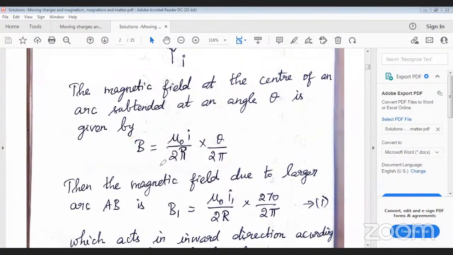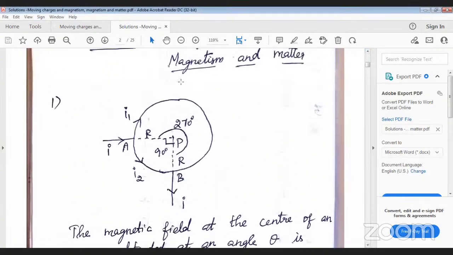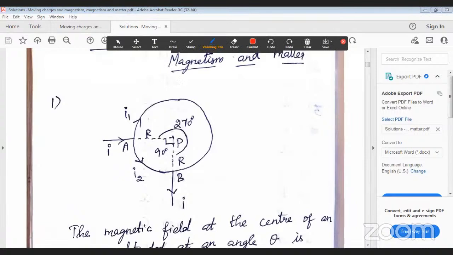So using this formula, we have the larger arc AB. You can see from this diagram, this is the larger arc, from here to here. This larger arc subtends 270 degrees here.